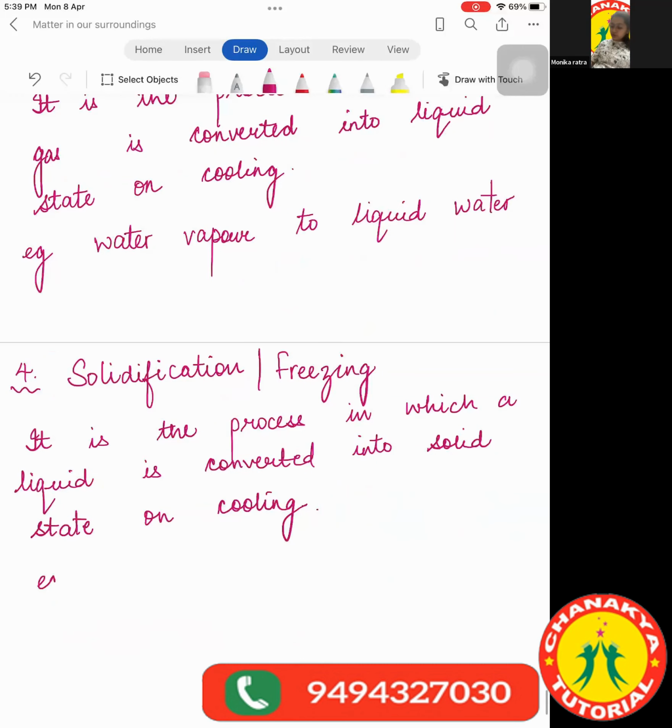The example for this is the conversion of liquid water into ice. Any doubts still here, children?